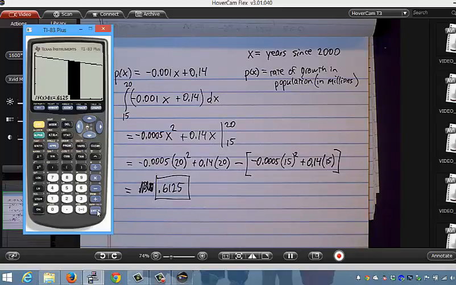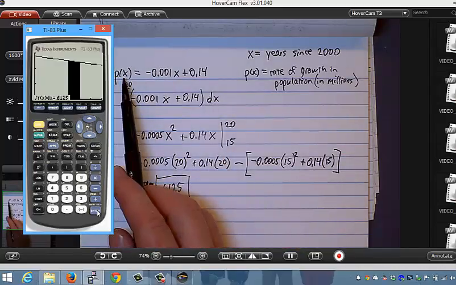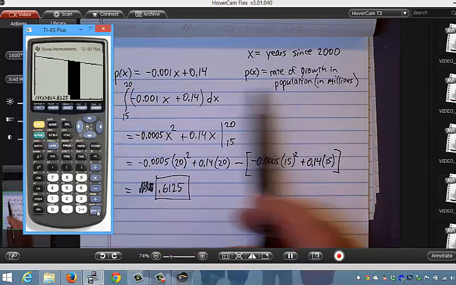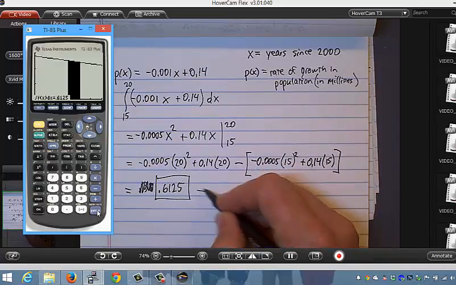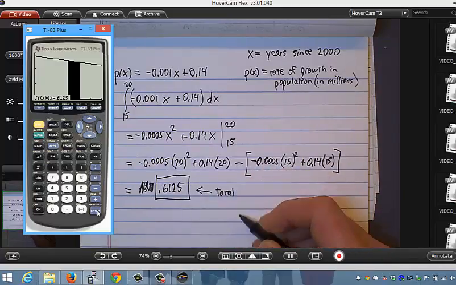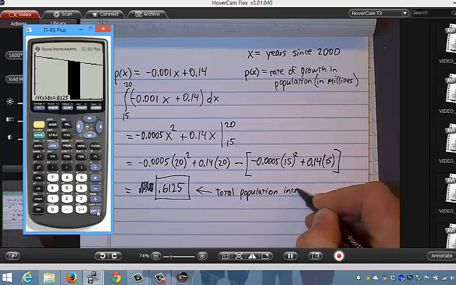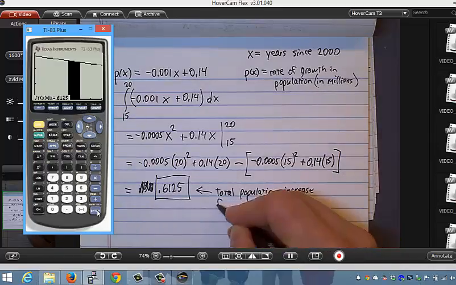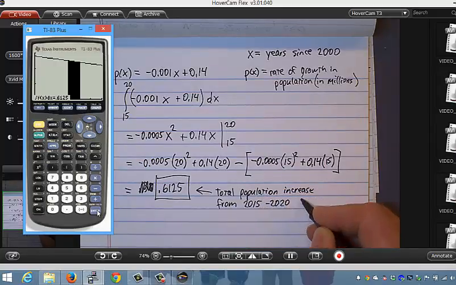So what does it mean? What are the units that we want? Well, you have to know what the original function was. The original function we integrated was p of x, right? The units of that are millions, right? So this is the total what? Population increase, yes, and again, it's in millions.